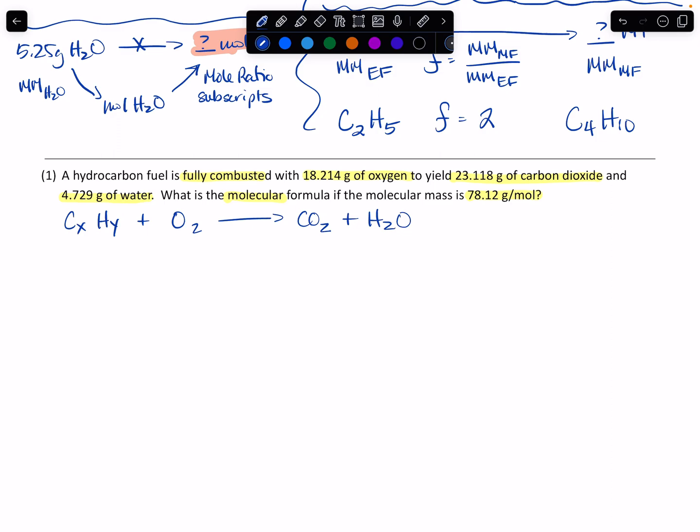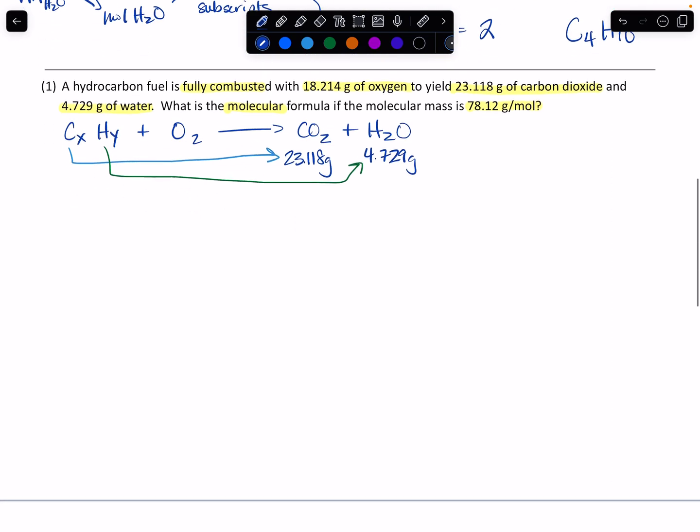We do produce 23.118 grams of carbon dioxide and 4.729 grams of water. As we saw before, all of the carbon is in that 23.118 grams, and all of the hydrogen is in that water. So we're going to convert grams of CO2 to moles of carbon, and then we're going to do grams of water to moles of hydrogen. And then we'll divide by smallest and multiply to a whole if needed.